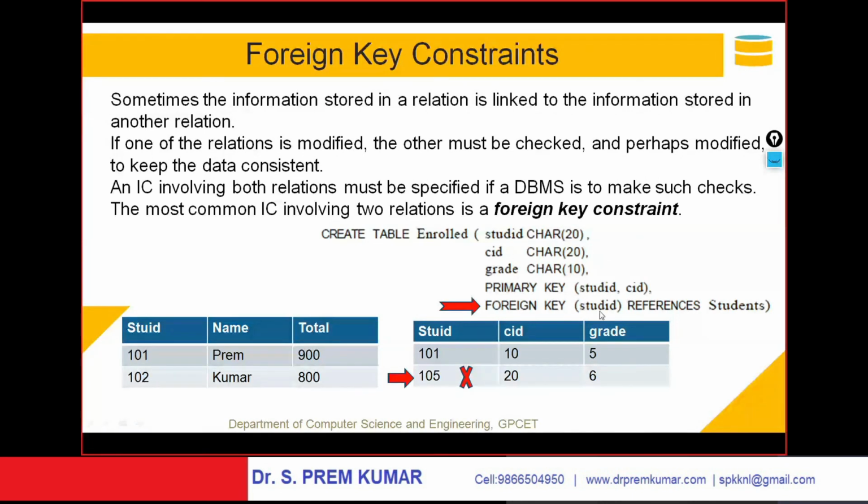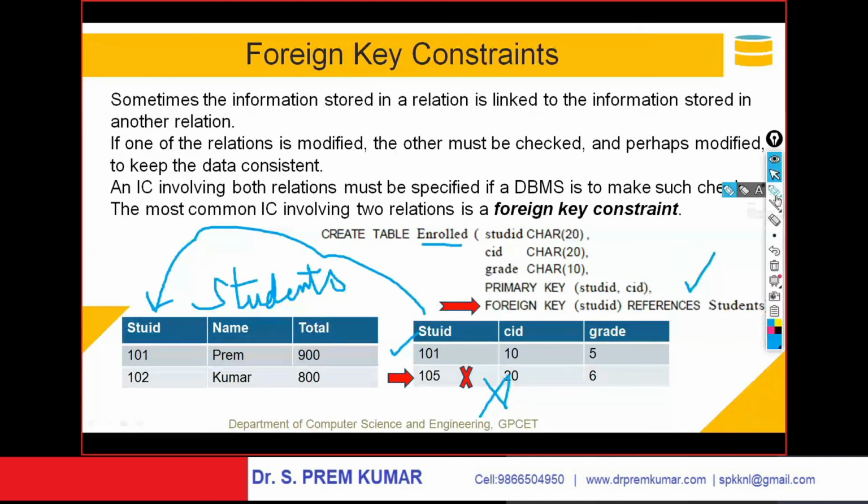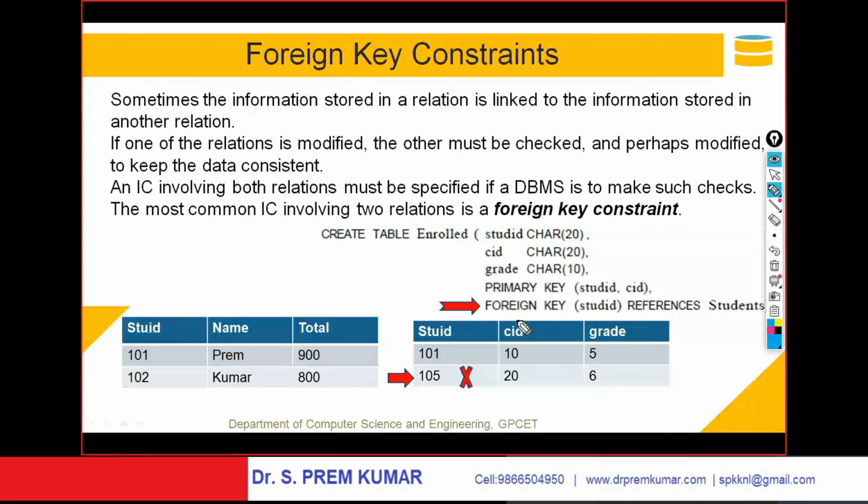Foreign key references students. Observe carefully what this means. The foreign key is student ID, and it should refer to the students table.